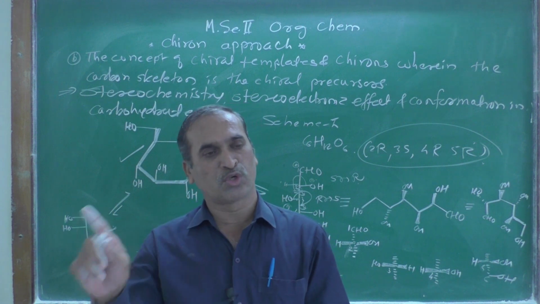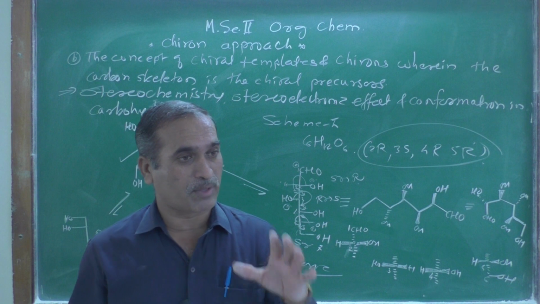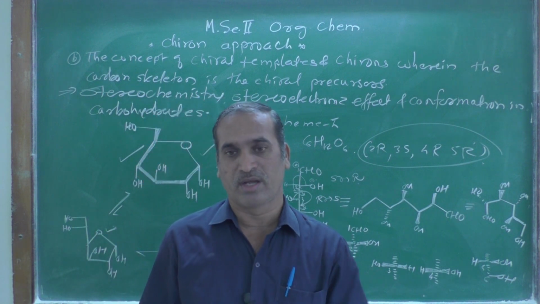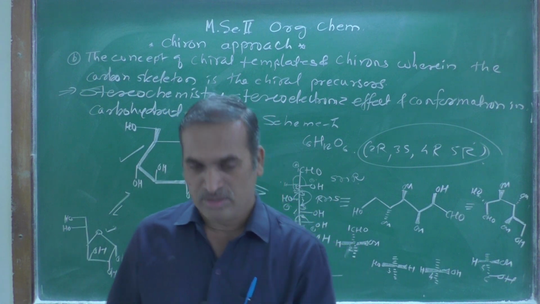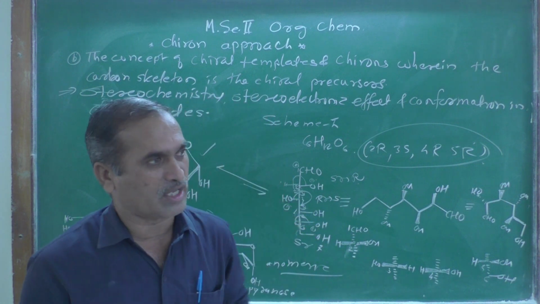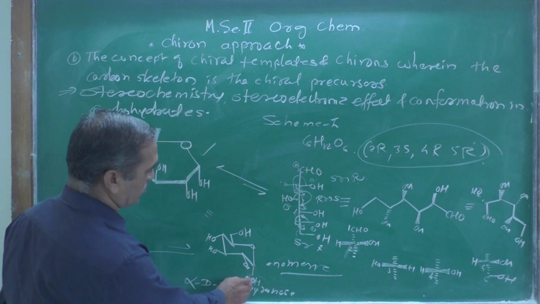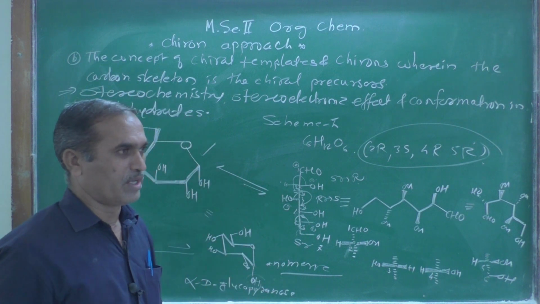Why the equatorial position? Because there is no 1,3-diaxial interaction or gauche interaction over there, and due to this reason the bulkier group prefers to stay at the equatorial position, except this hydroxy group at the anomeric center.